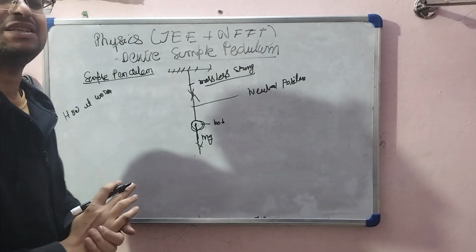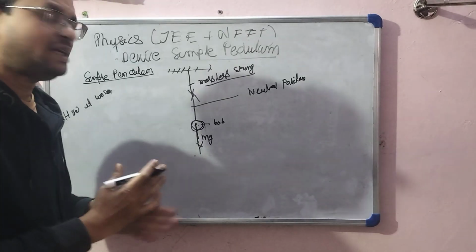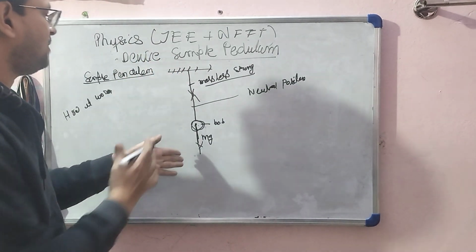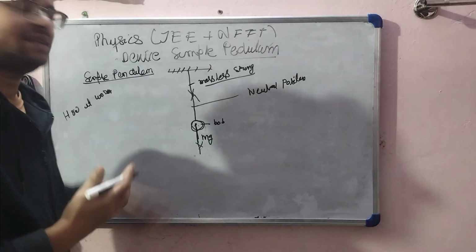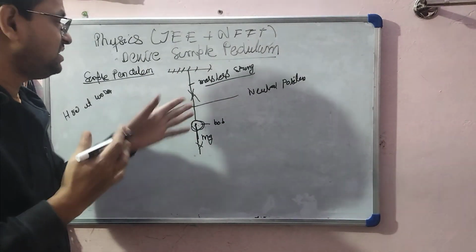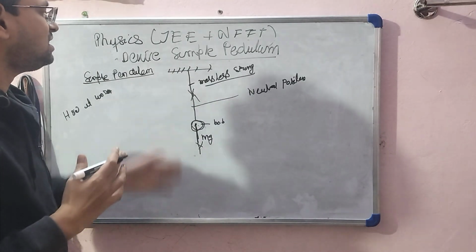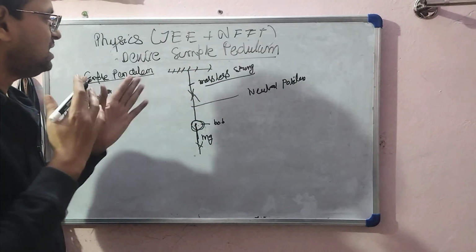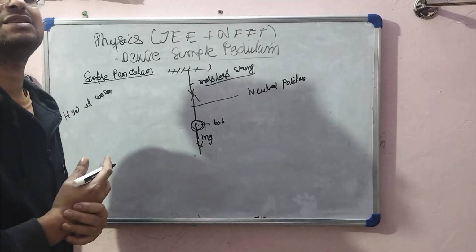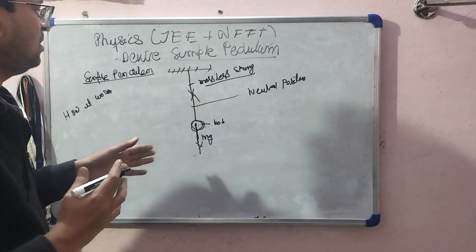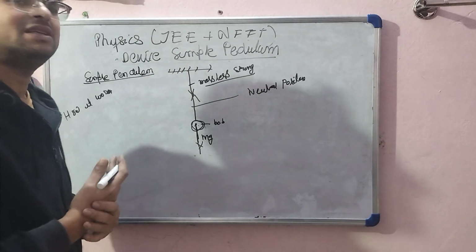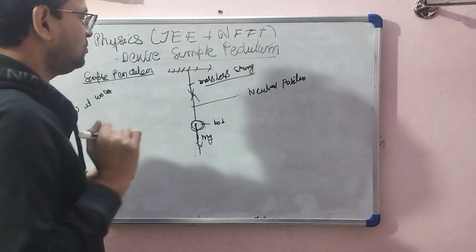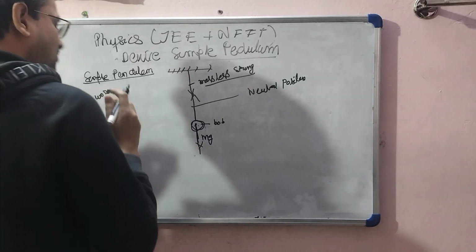But in the practical condition, the bob is balanced with the string by tensile strength or tension, so we can't say this is a massless string. But in the ideal condition, it is a massless string. Because in the practical condition, the bob is balanced with the string. So what is the principle of that?